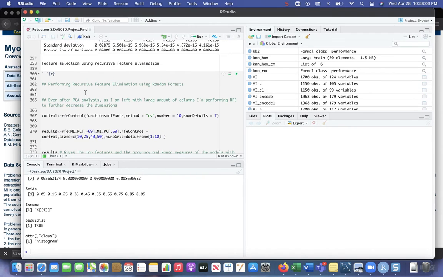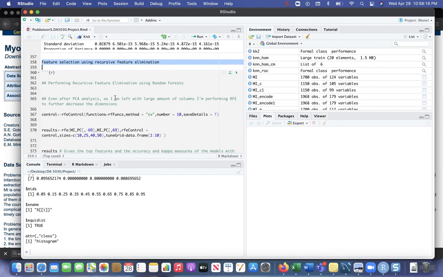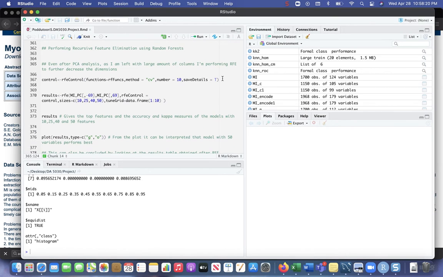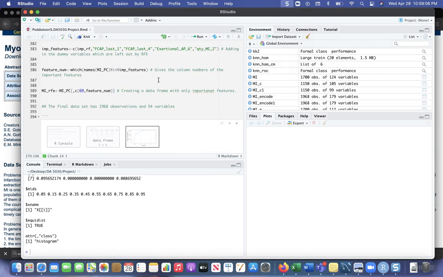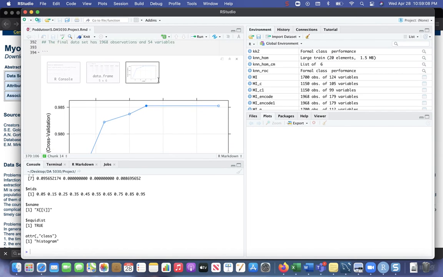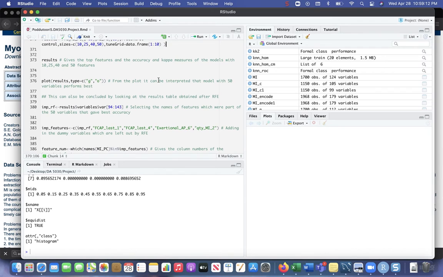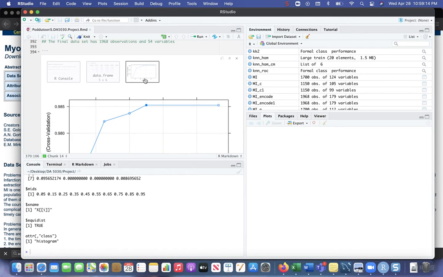Coming next, even after removing almost 70 to 80 columns, I'm still left with 99 columns. So I have run one more feature selection procedure, which is recursive feature elimination using random forest. I already ran the model, so I'll just show you the results of the RFE analysis.